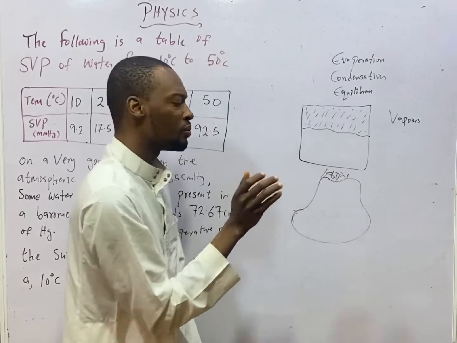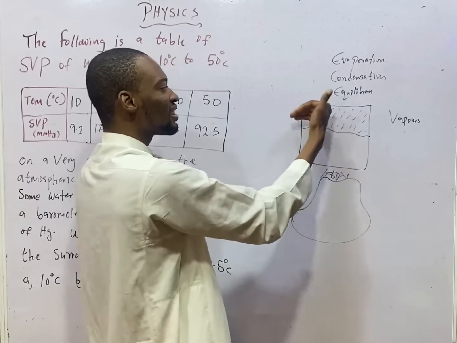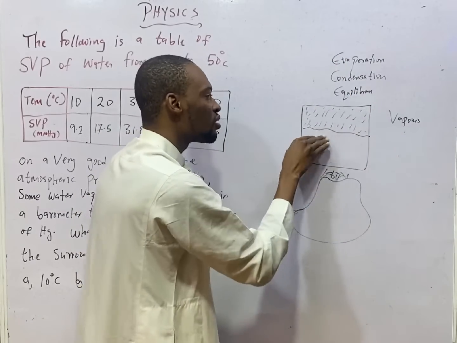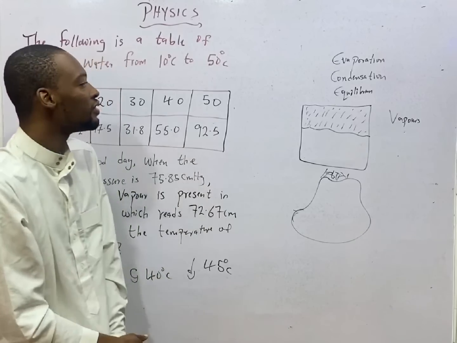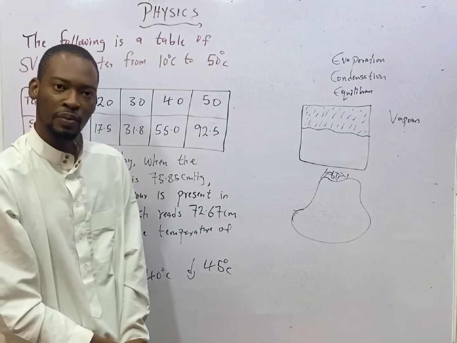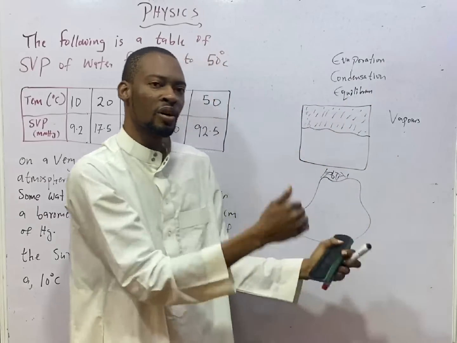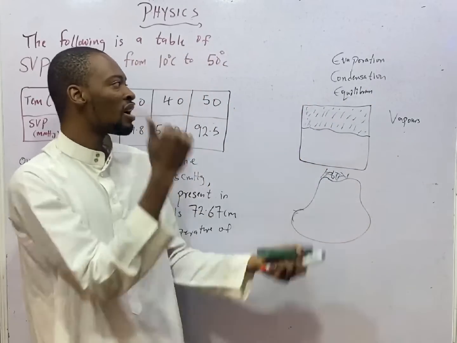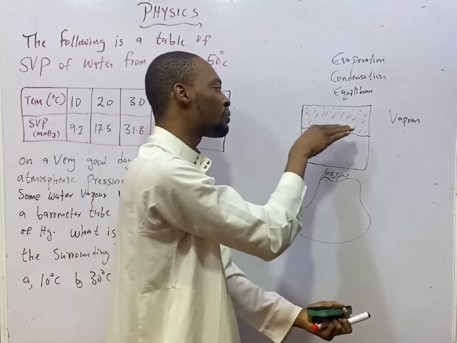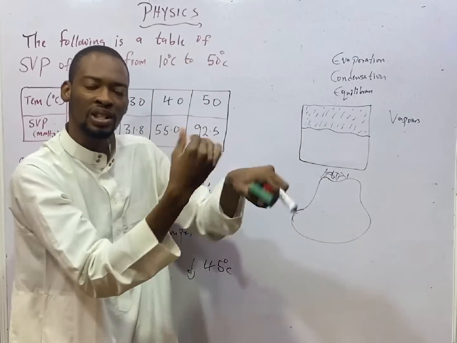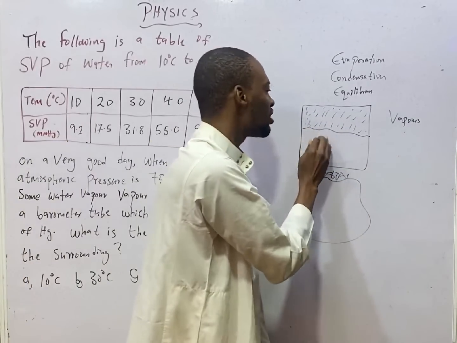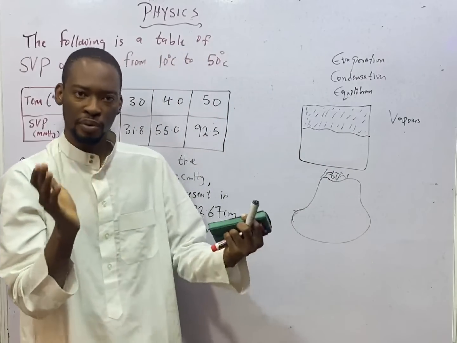Even at equilibrium, the pressure that this gaseous state is exerting on the liquid is referred to as the vapor pressure. Because this vapor, as it's hitting the containing vessels, coming down, as evaporation and condensation is taking place in this vapor stage, it is mounting pressure on this liquid. So that's what we call vapor pressure.